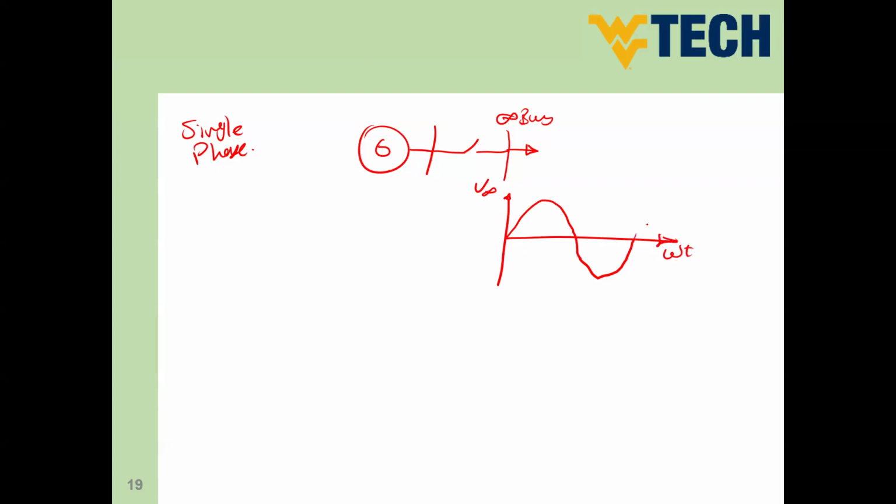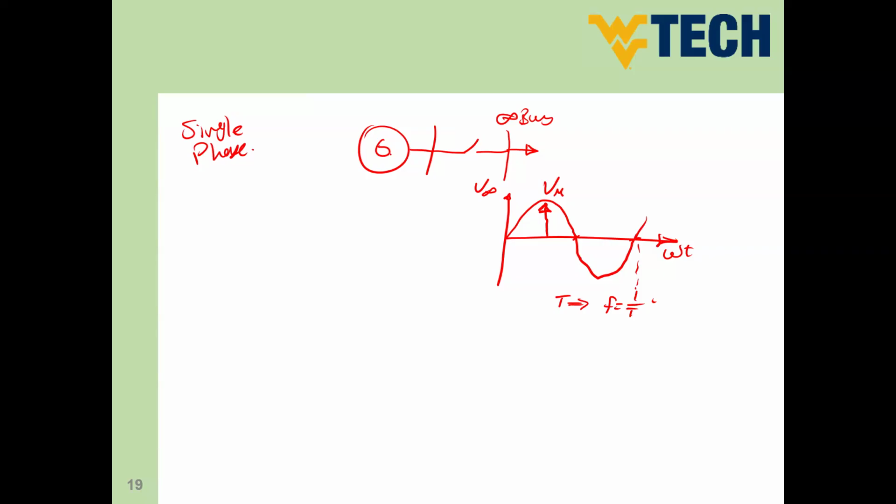And for sure, it's repeating after that. Okay. So you have a certain peak value, which is V maximum. And you have frequency. So if this is during a certain period T, this means f equals 1 divided by T. So this is our waveform of the infinite bus.